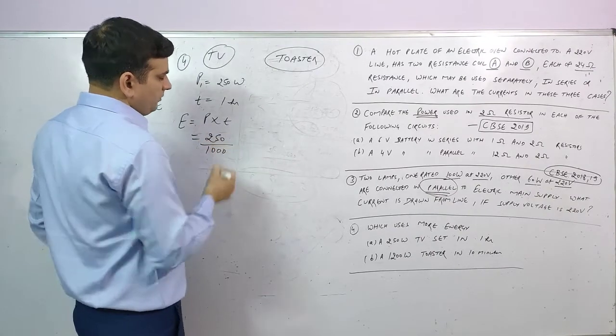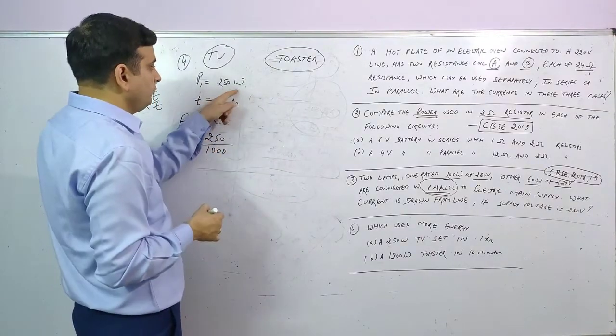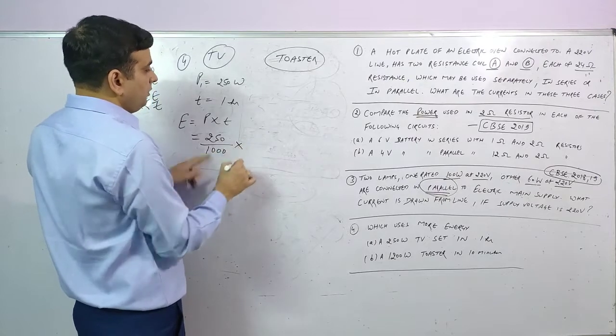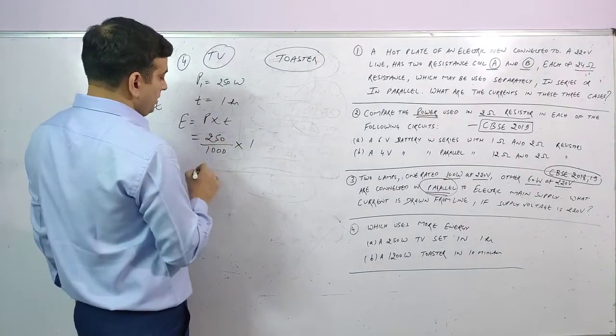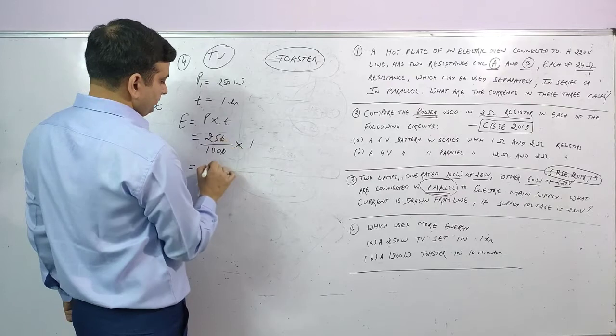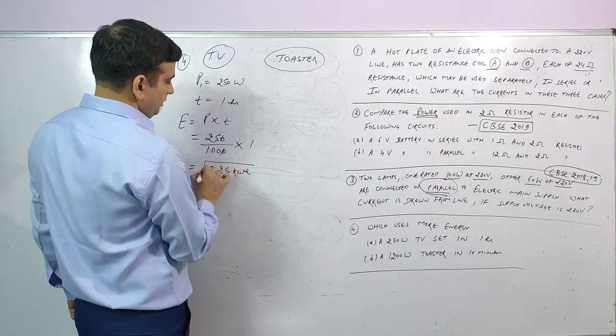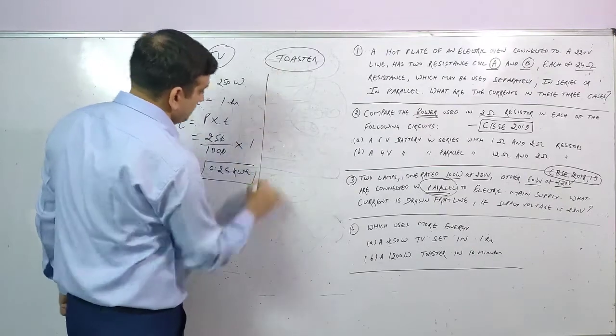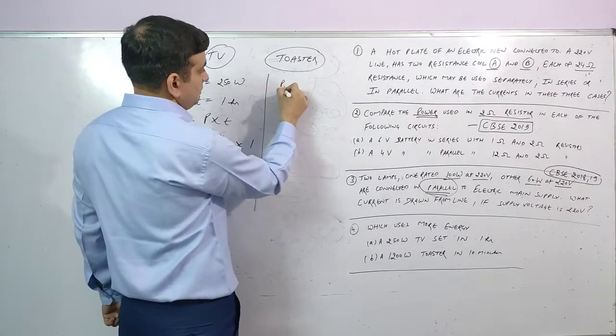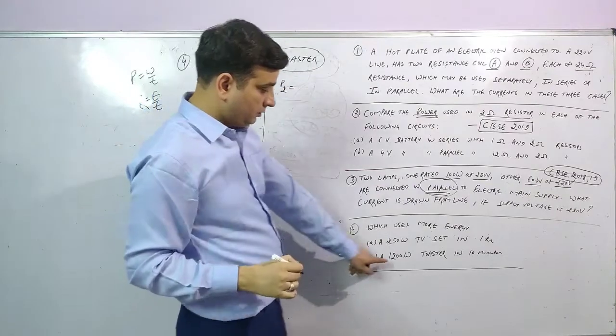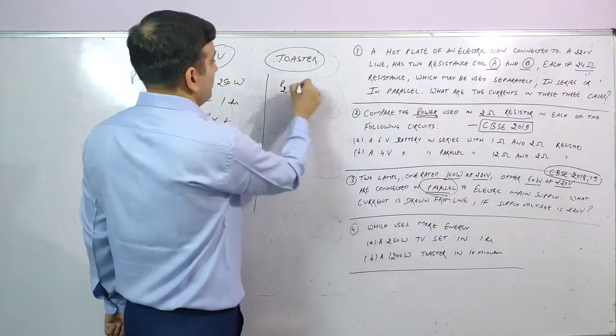It's better to convert that into kilowatt. So divide 250 watt by 1000 to get kilowatt, and the time is already given in hours. So it will be 0.25 kilowatt hour.